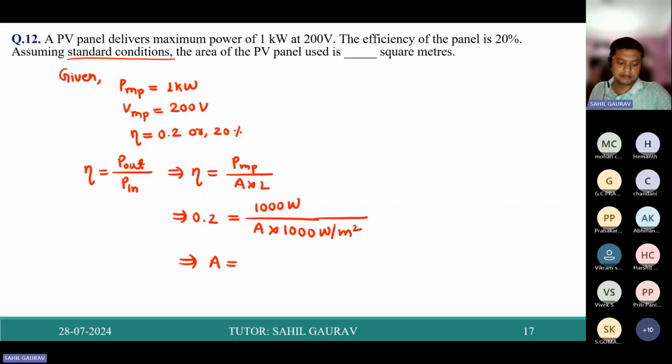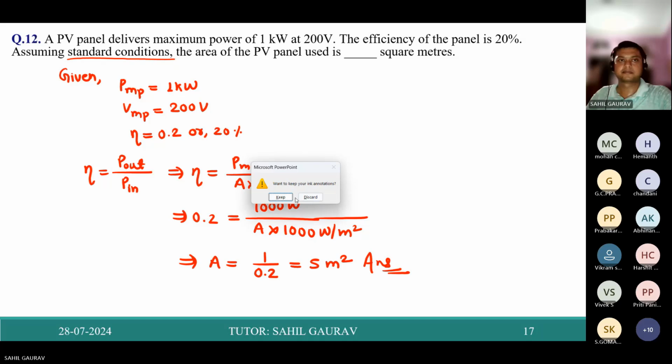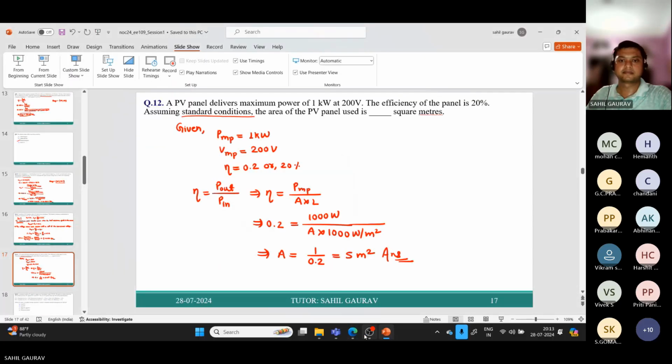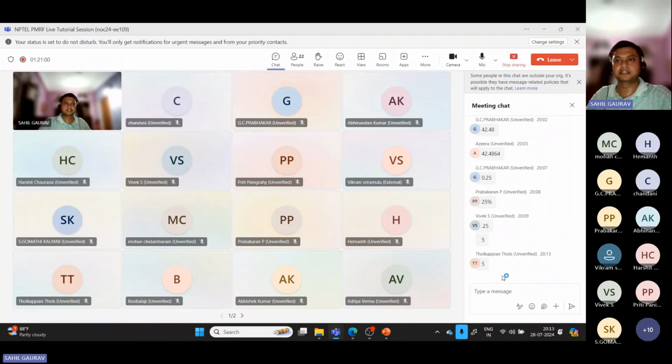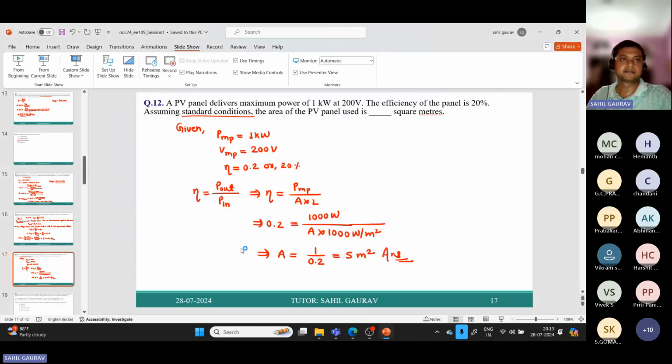So area will come as 1 upon 0.2, which gives you 5 meter square. The correct answer is 5. Yes, Vivek, you are also correct. 5 is the correct answer.